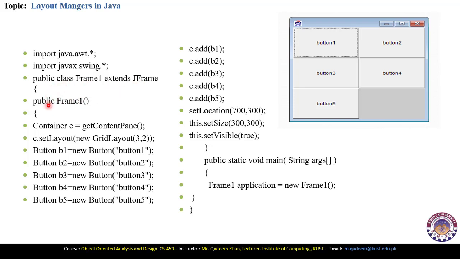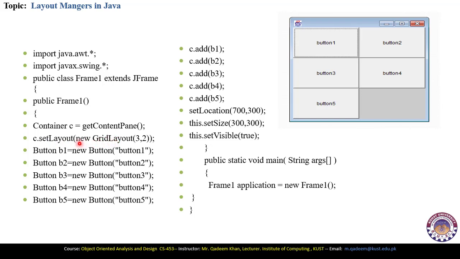Inside the body of the class, we have defined the constructor, public Frame1, with Container c = getContentPane. This defines the container here.